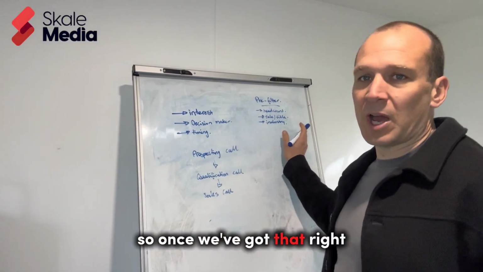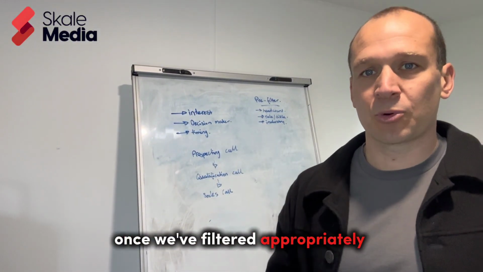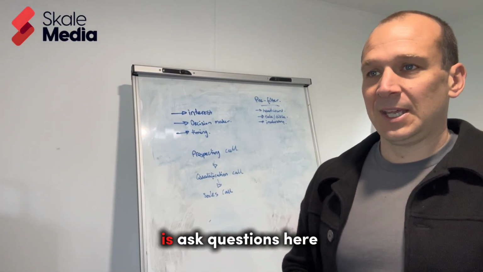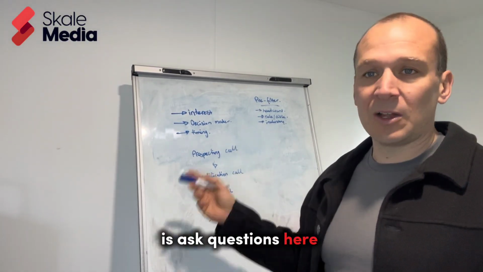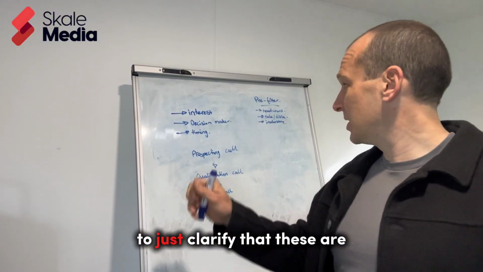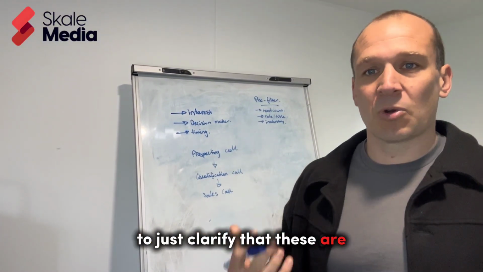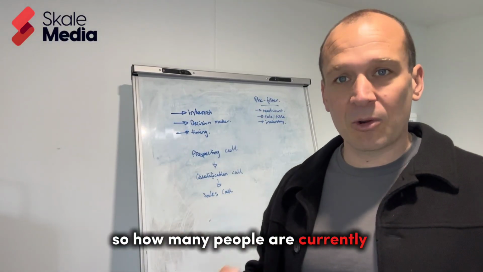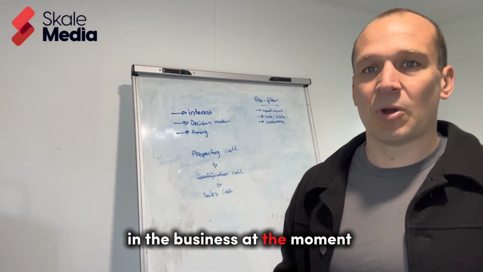So once we've filtered appropriately for our target market, what we now need to do is ask questions when we've generated that interest, purely to clarify that these are the right people. So I would use something like, how many people are currently in the business at the moment?